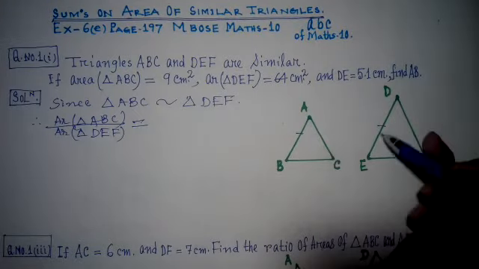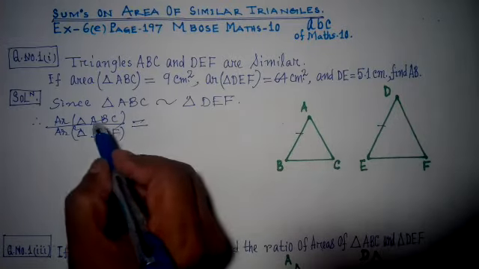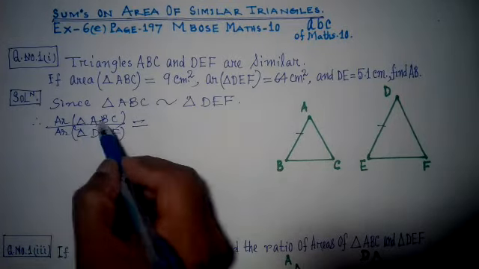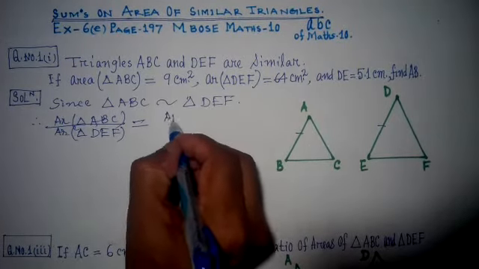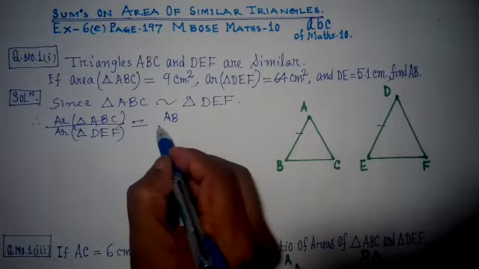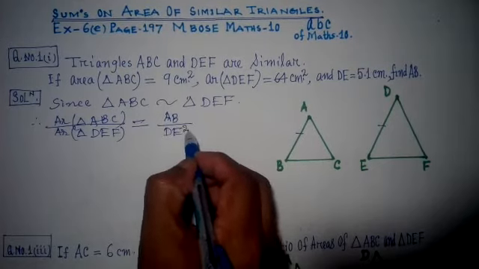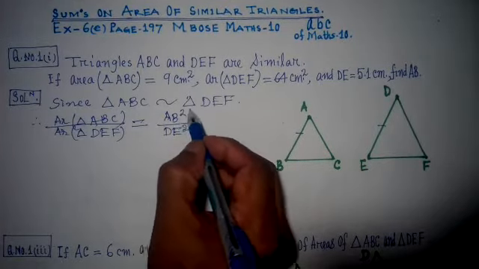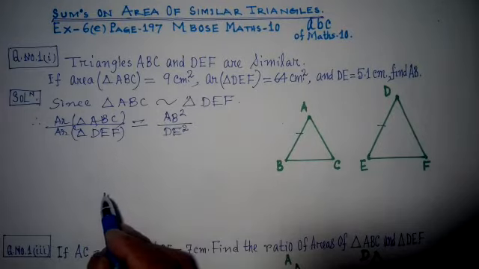Side AB and side DE are corresponding sides, we have marked here. From triangle ABC we take the side AB, and from triangle DEF the corresponding side is DE. Now the square of the ratio of their corresponding sides, so AB square by DE square.